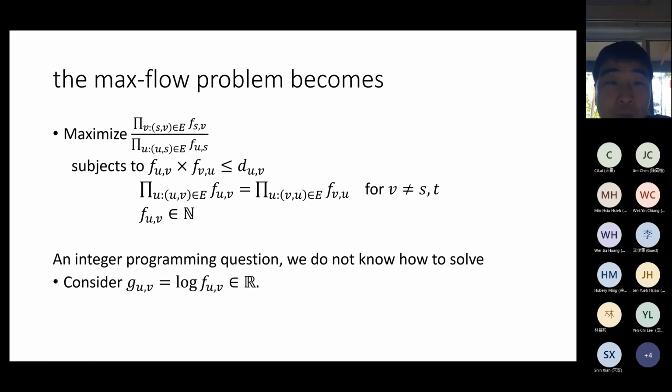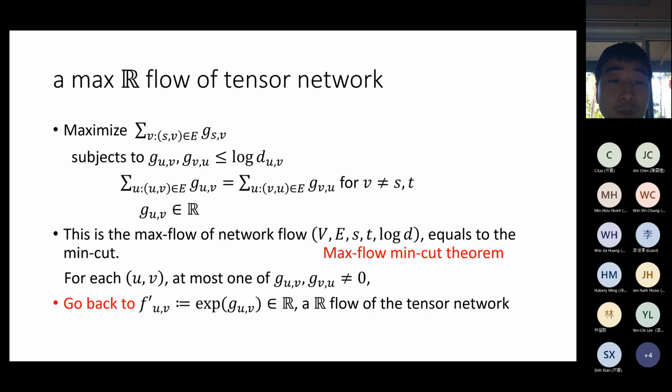So now we try to solve this problem. We consider GUV as log FUV, so we take the log of all the FUVs. Now the problem becomes: we want to maximize the summation over V such that SV is in G of GSV, subject to GUV and GVU both smaller than log DUV.